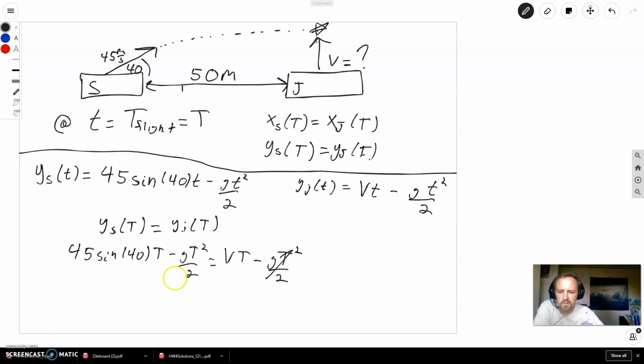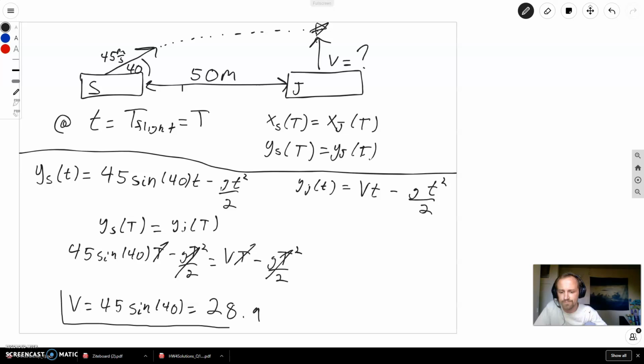These terms are going to cancel out. All I'm going to have left is these terms. I don't know the time, but that's okay, because time is multiplied on both sides. So V must be equal to 45 times the sine of 40, which in our case equals 28.9.